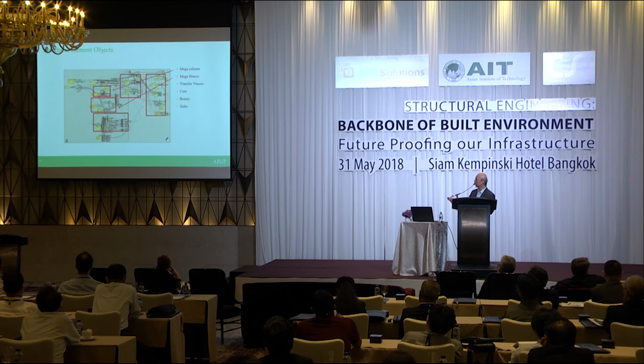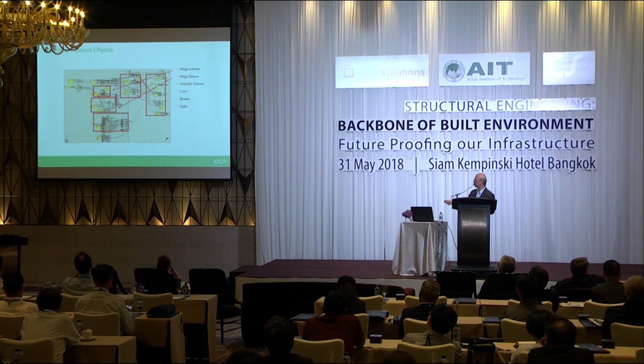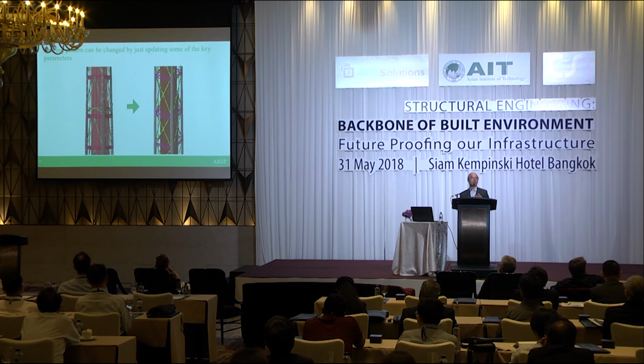For example, here is a graph showing how we link. A mega column is defined by this component, a mega brace by this component, and core, beam, slab, transfer truss, all of these are linked together. So once we have a variable, we change it. We can change the pattern.